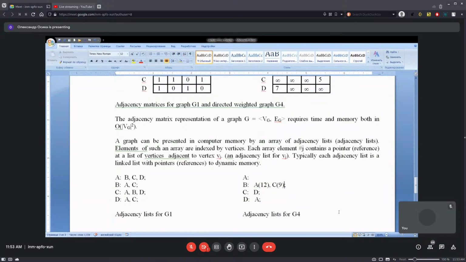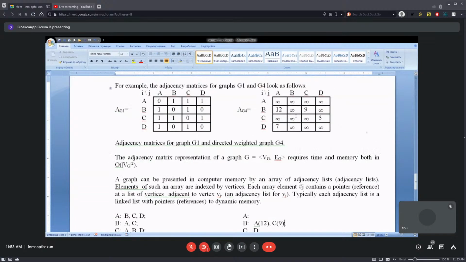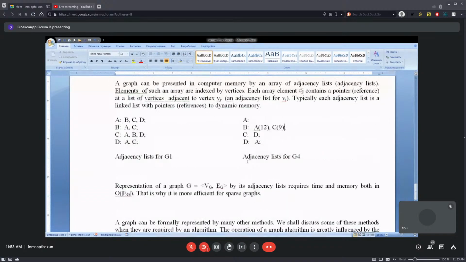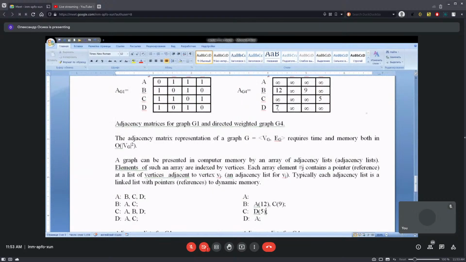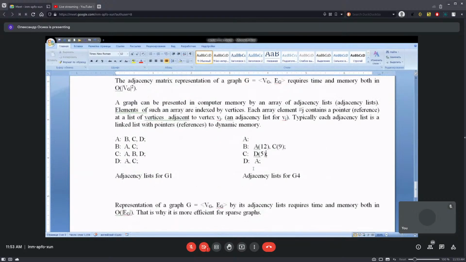From C to D, 5. And from B to A, 7. It should be like that.